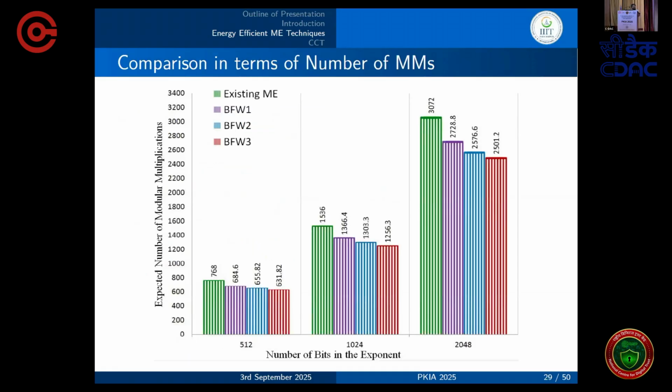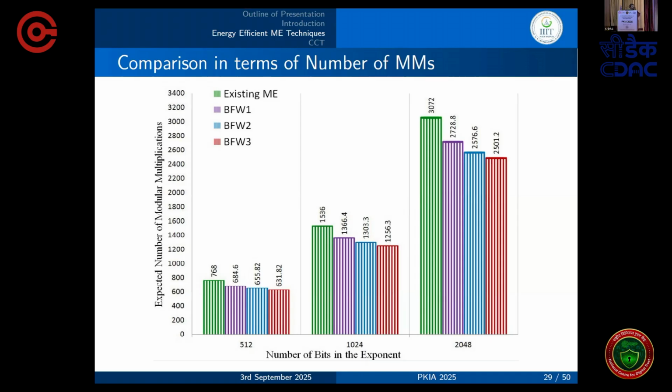Now, every time I'm telling that we are reducing the multiplication operation, we have also thoroughly verified it. Not only through implementation of the algorithm with the help of Verilog, we have also designed a mathematical model to compute the number of multiplications required by each technique. So I'm showing this graph, which represents the number of multiplications required by each technique.